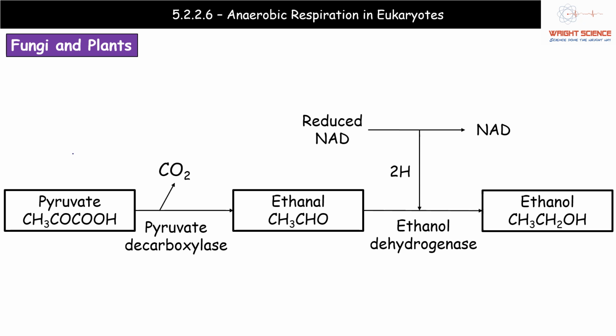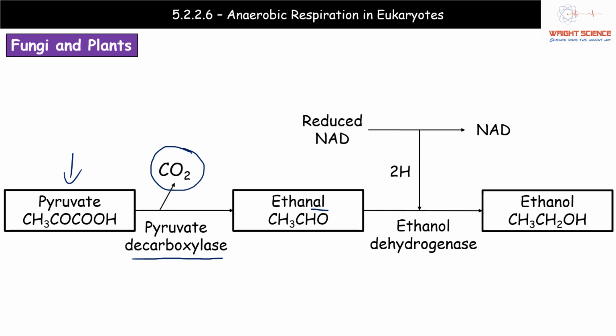So we start with our pyruvate, which is the end product of glycolysis. That is going to undergo the decarboxylation. So we're going to form carbon dioxide, and that's in the action of pyruvate decarboxylase, and that means our pyruvate becomes ethanal. What we then find the second stage to the process is our reduced NAD is reoxidized into NAD.